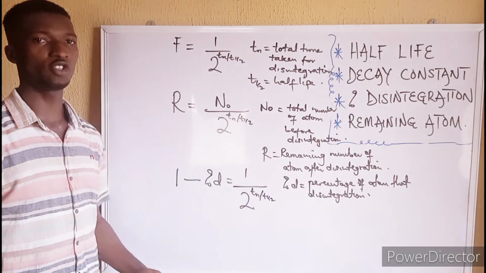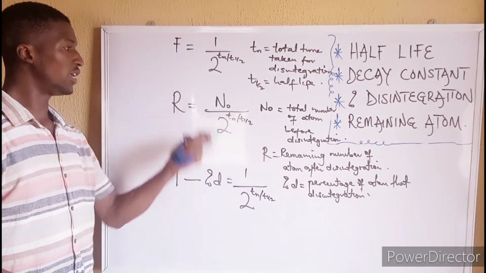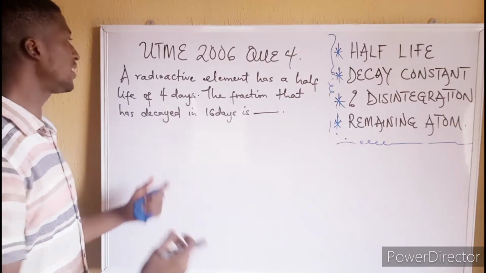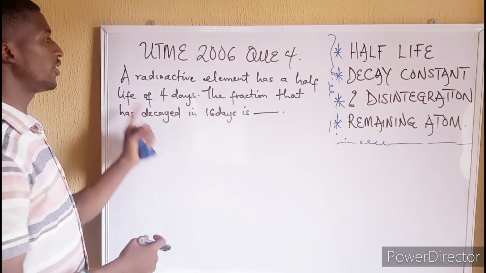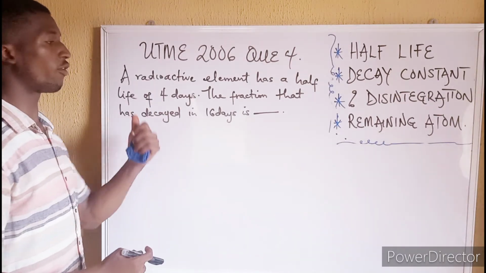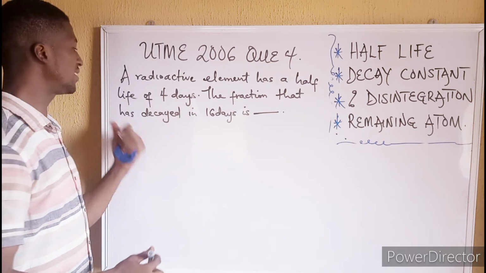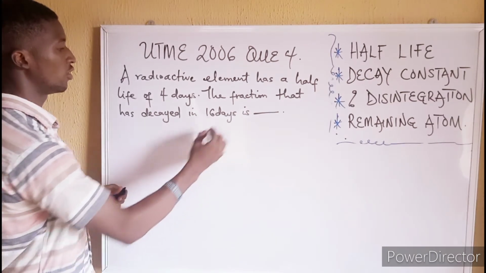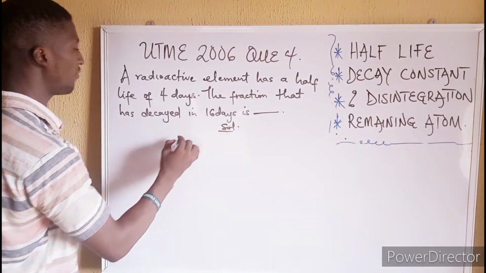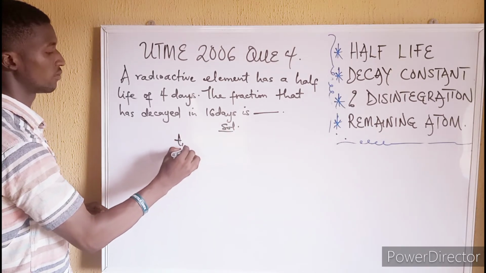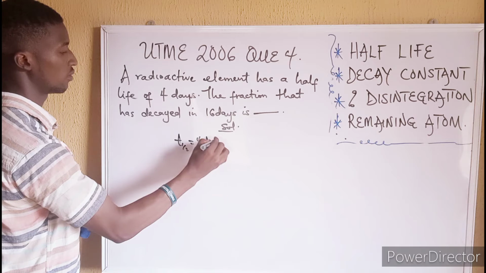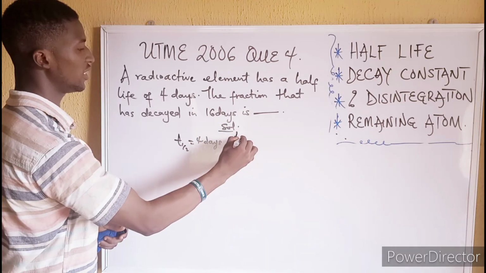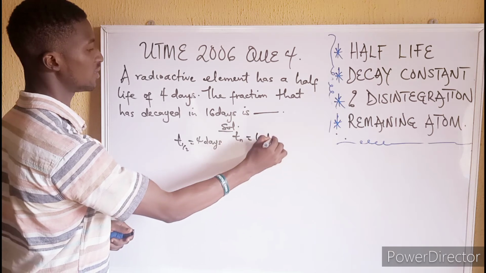So let's take reference questions with respect to each of this formula that I've given you here. For instance, in this question we have that a radioactive element has a half-life of 4 days. The fraction that has disintegrated in 16 days is dash. So here, the half-life is said to be 4 days, and the total number of days for disintegration, which is Tn, is said to be 16 days.